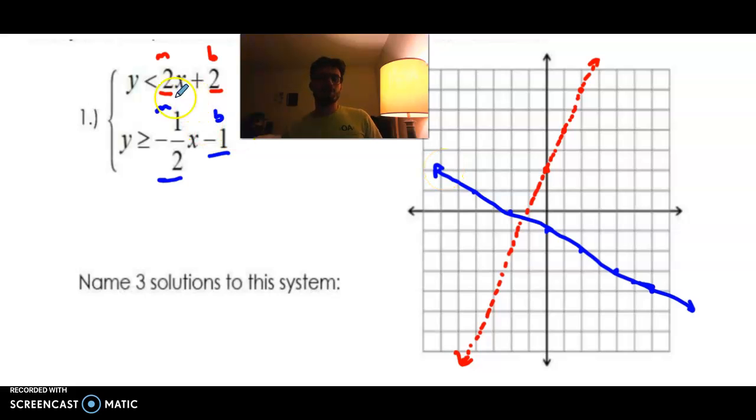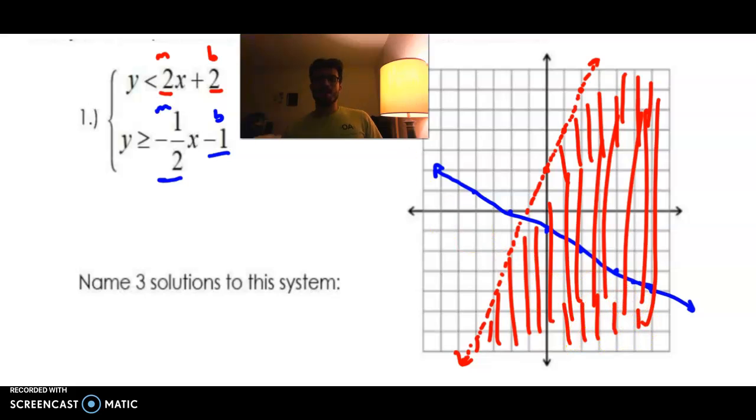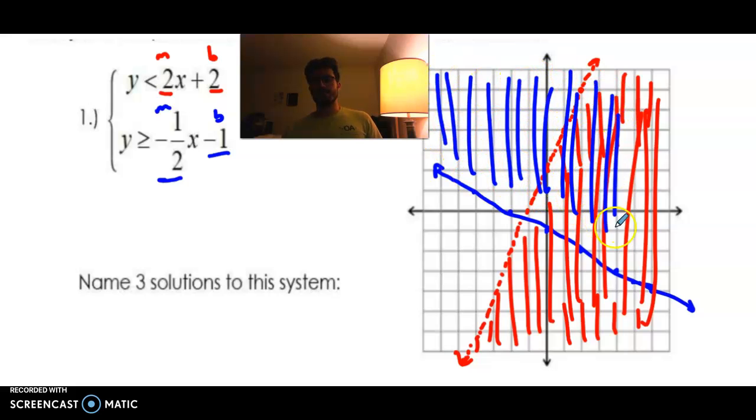Now we also have to do the shading. Since this one is less than, everything under the red line is shaded. As for the blue one, it's greater than or equal to, so everything shaded above.